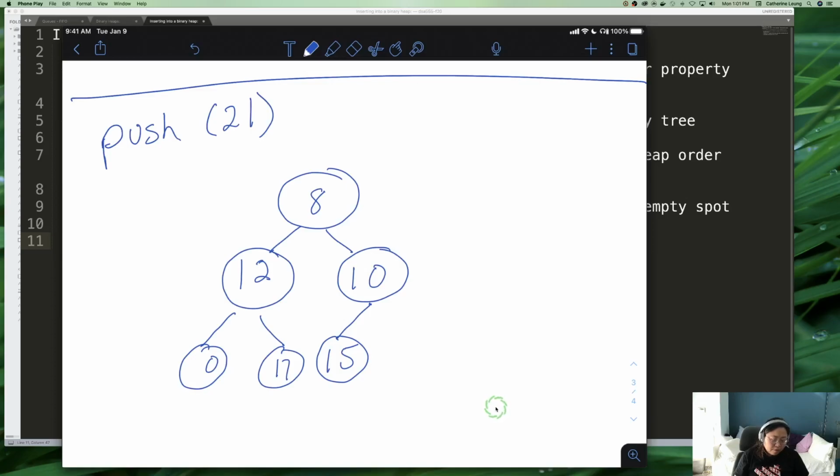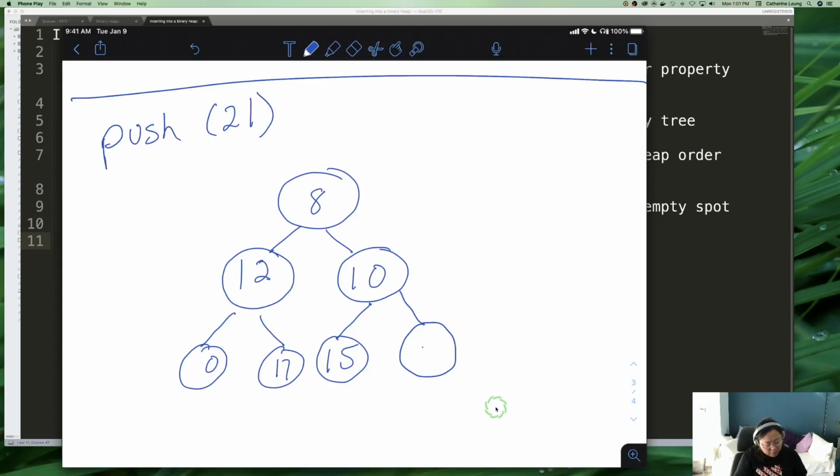Now, 5, 4, 3, 2, 1. So the empty spot goes into this spot right here. This is where the empty node is going to go first, the rightmost of this level. And we haven't filled it in, so that's why this is the last spot. Can I put 21 here without breaking any rules?